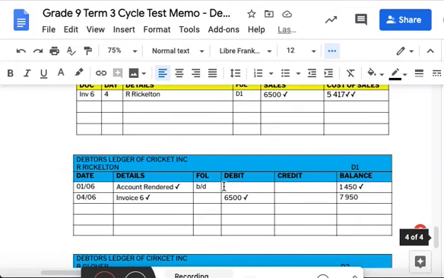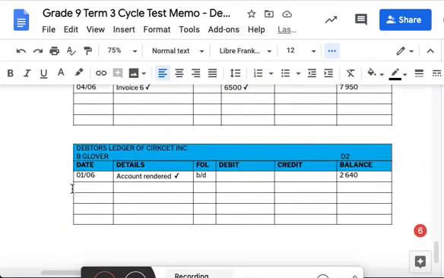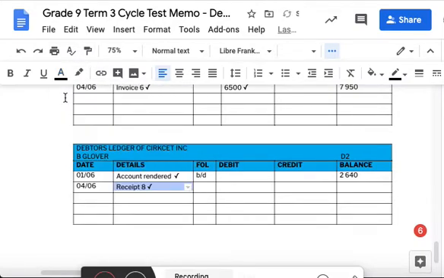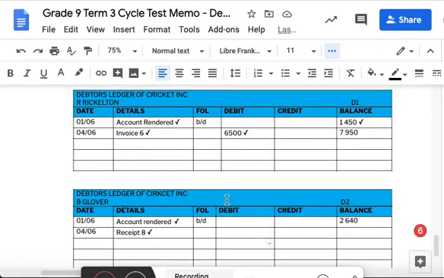How do we go about this now in the debtors ledger? The date would be the 4th. What is our detail, Sanele? Receipt number 8. You'll get a mark there. Who else haven't I picked on yet? Caitlin, are we debiting or crediting his account? Are you sure?